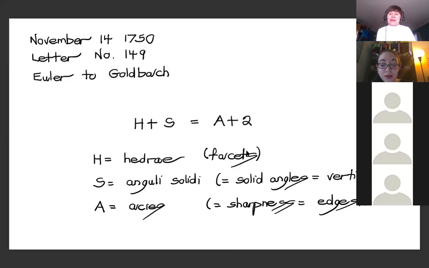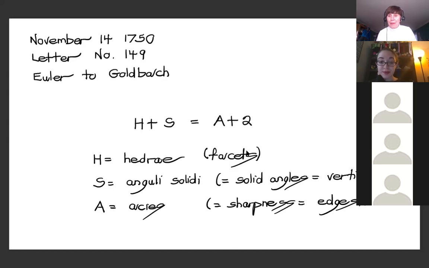These solid angles are what was termed vertices, and these ACs were edges. I'm sure I'm totally mispronouncing this. So what this says is that if you take the number of two-dimensional faces plus the number of vertices, this is equal to the number of edges plus 2.